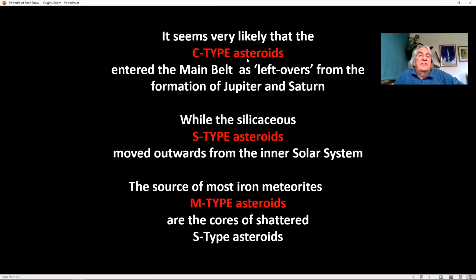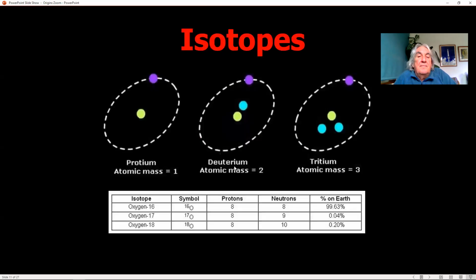So for all these reasons, it's likely the C-type asteroids migrated inwards from the outer solar system after the formation of Jupiter and Saturn, while the siliceous ones did it in the opposite direction. After the formation of the inner solar system, they moved outwards. And the M-types, as I said before, are the cause of shattered S-type asteroids.